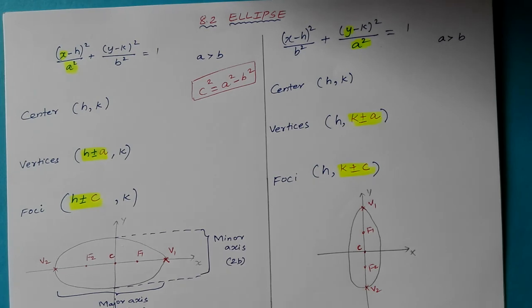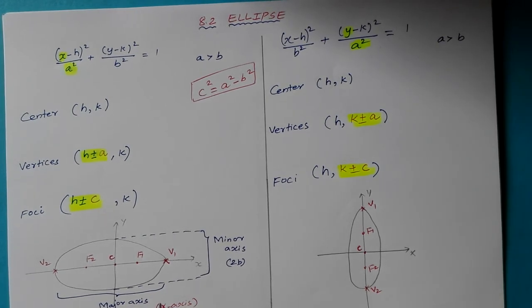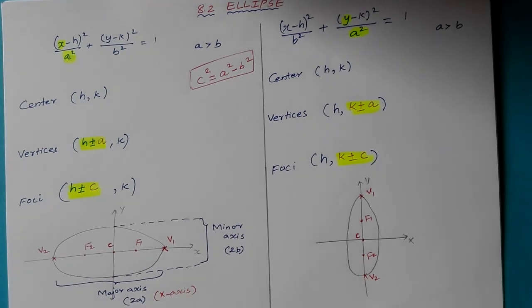And similarly here, what is the major axis? The x-axis is the major axis. Why? Because a is present below x. That's why we call x the major axis.